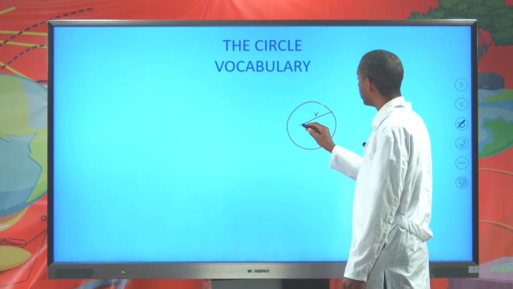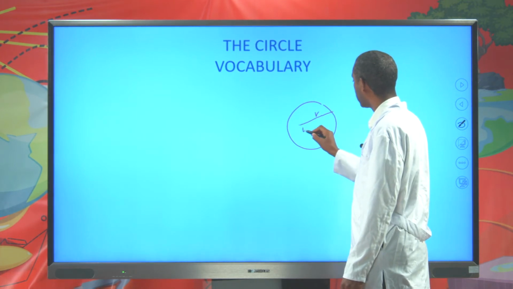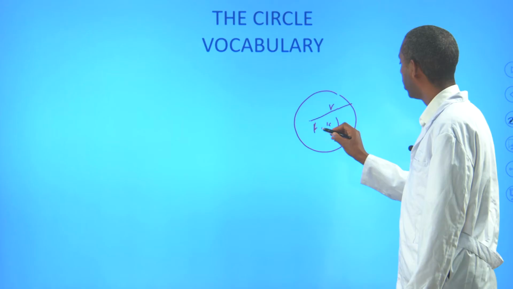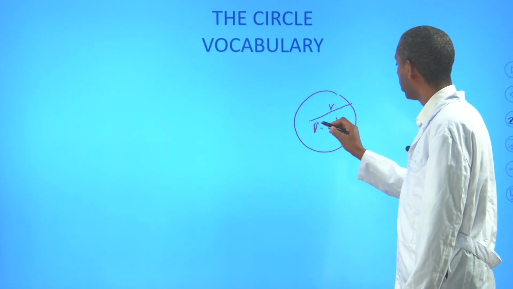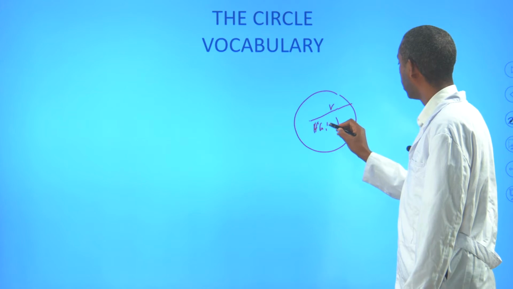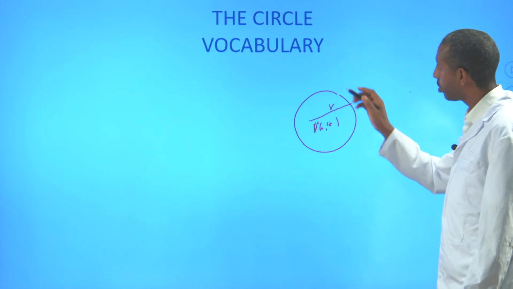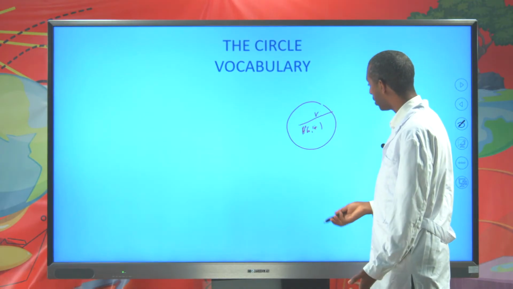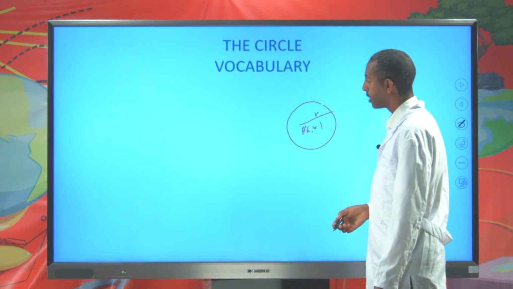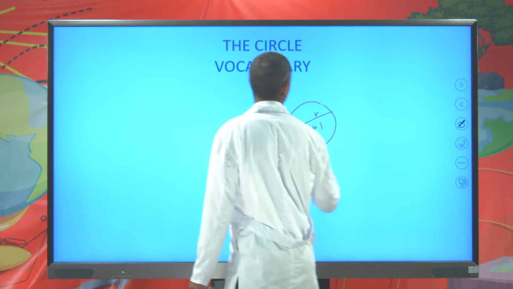And this center, we may represent using the variables h comma k. Then we have those important vocabularies, the radius and the center of the given circle.